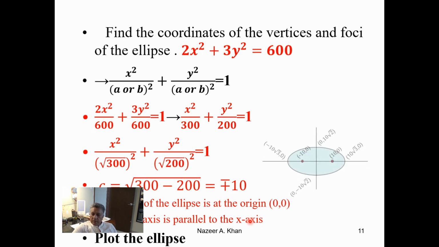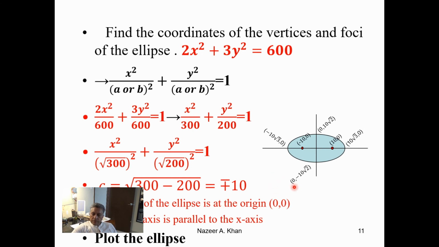And then we would go and plot this up. We know that our major axis is right there. I'm writing it as 10 root of 3, so plus or minus 10 root of 3. That would be along the major axis right there.